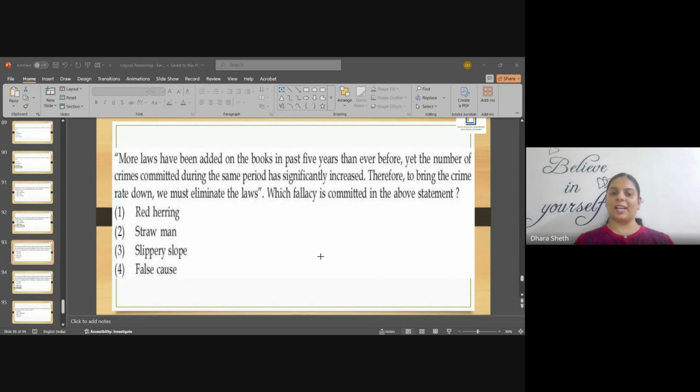Yet the number of crimes committed during the same period has significantly increased. Therefore, to bring the crime rate down, we must eliminate the laws. Yes. Is the crime increasing because the laws are increasing? No, right? That is false cause.